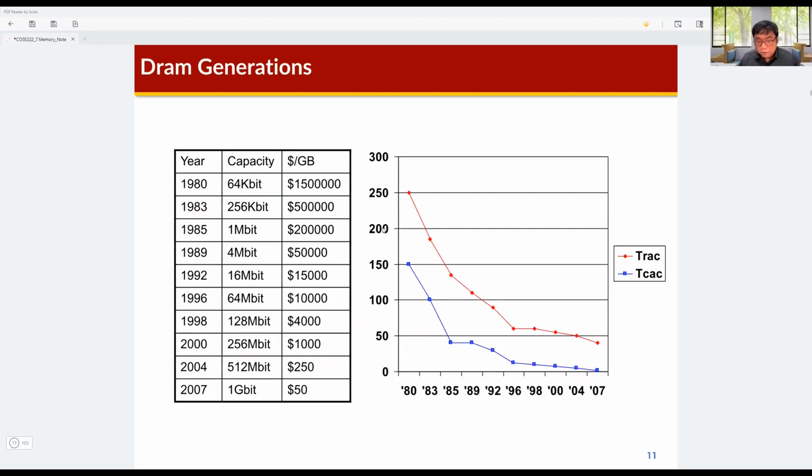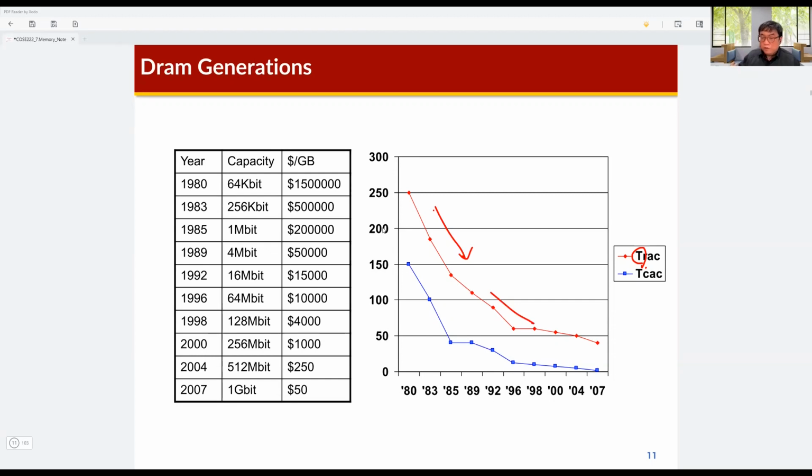Then this slide shows the performance of the DRAM by years, and this T represents the required time to service some DRAM commands to the DRAM chips. So as you can see, this time is reduced. That means that the DRAM speed is increased.